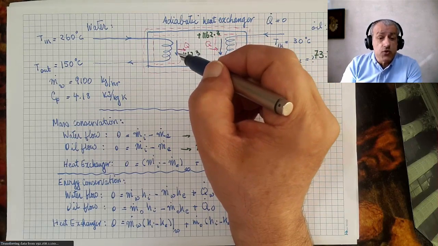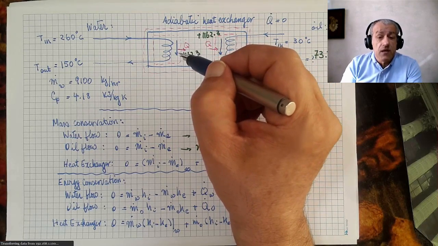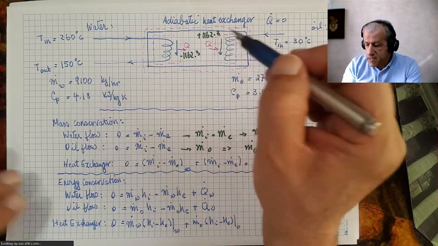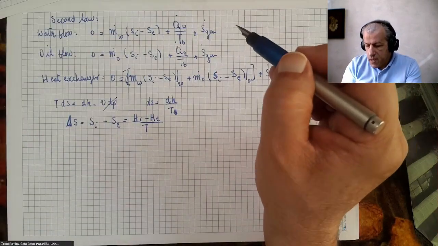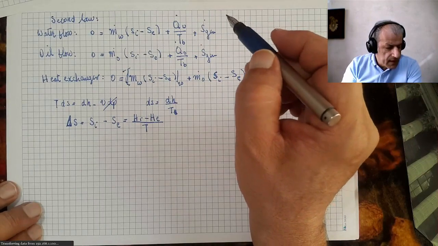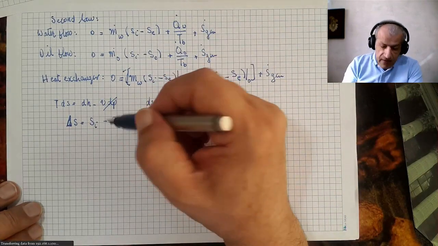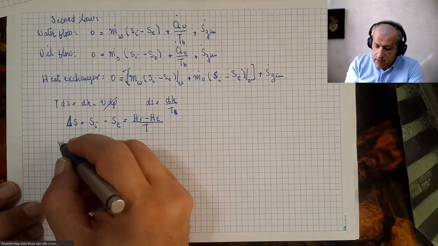This is the entropy transferred by heat transfer, and not the entropy generated due to irreversibilities. So what we do here is that we calculate this value.